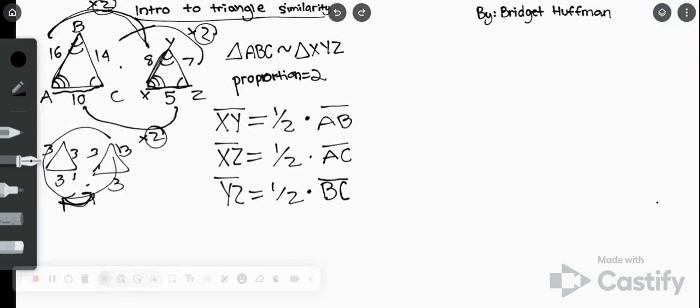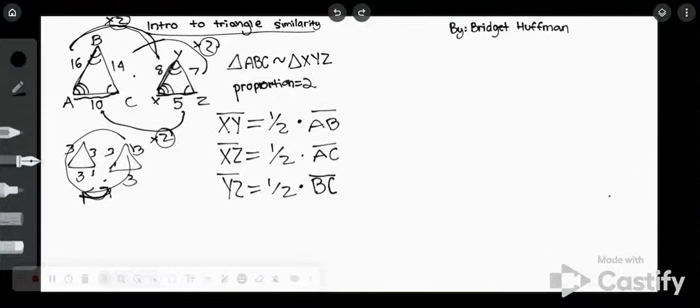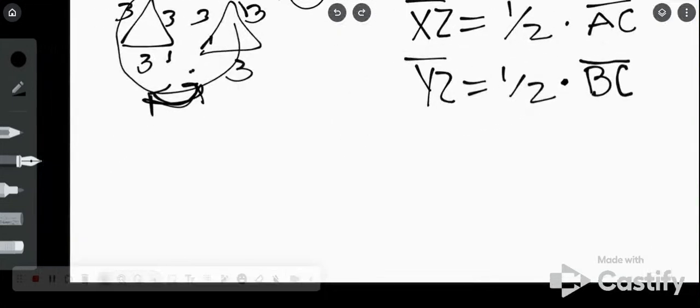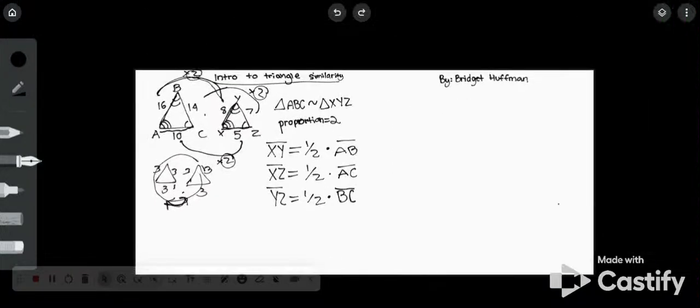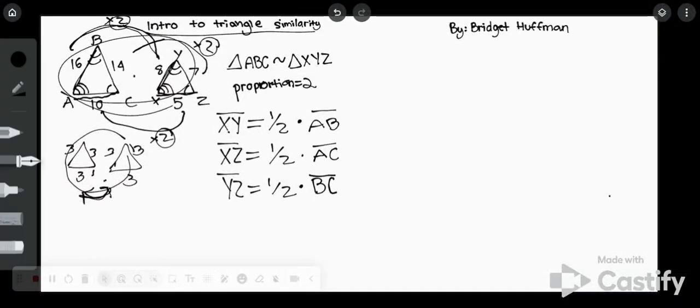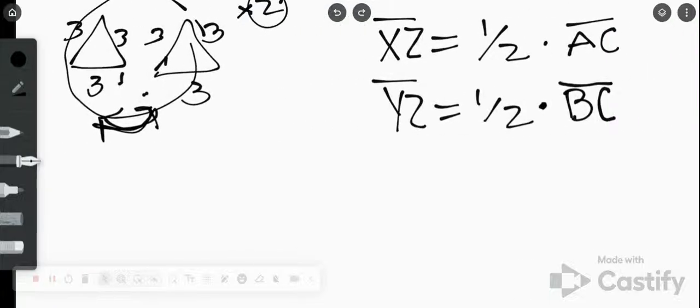Okay. So triangles that are similar have corresponding angles that are congruent. So all of their angles are congruent, but their sides are not. So how we could write this for this example would be angle ABC is congruent to angle XYZ.